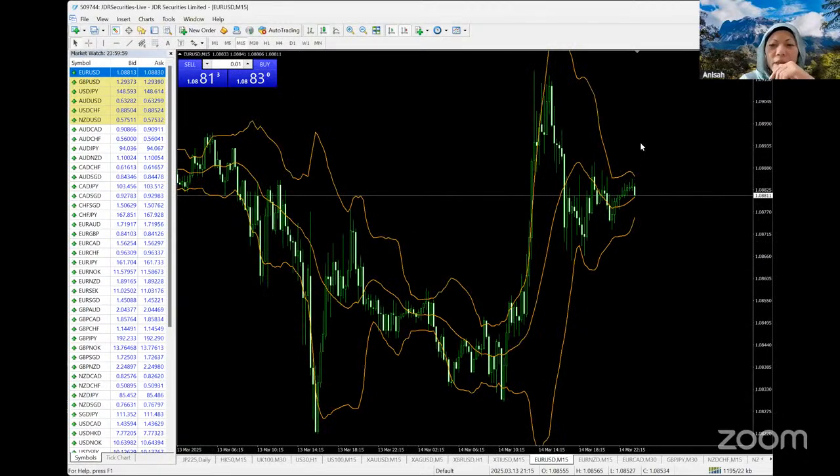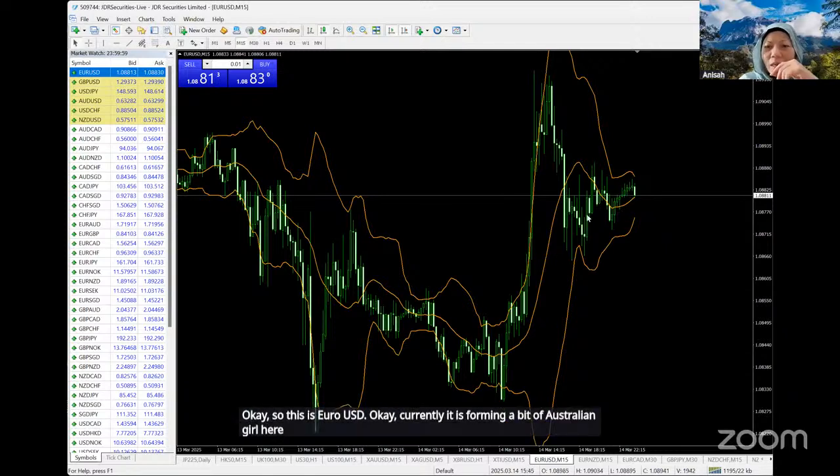Okay, so this is EUR/USD. Currently it is forming a bit of a triangle here, in the downtrend. So highly likely this downtrend is going to continue further. How do we know, basically?